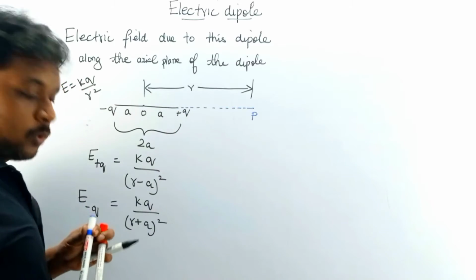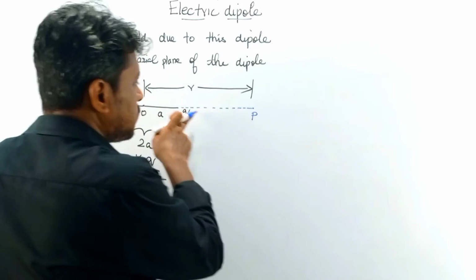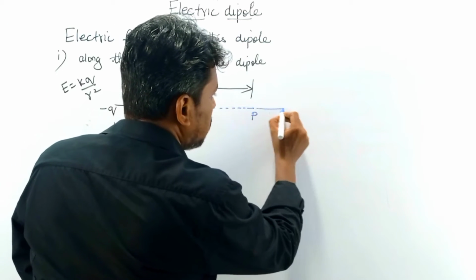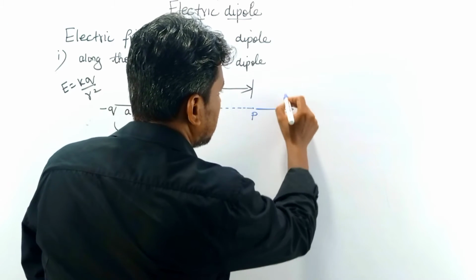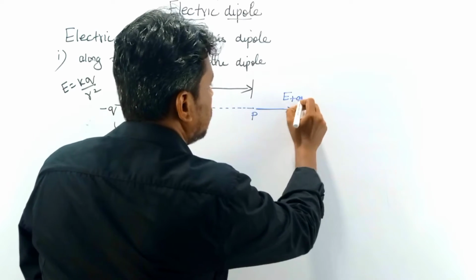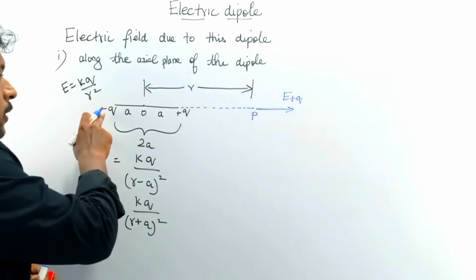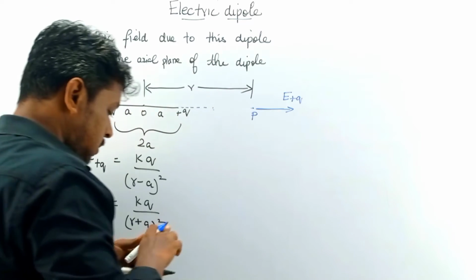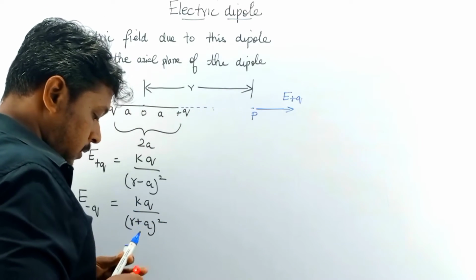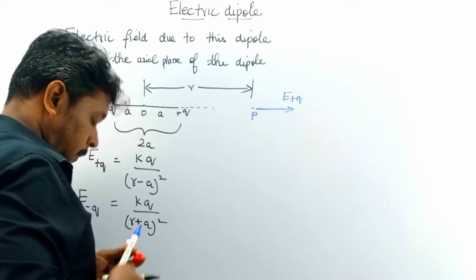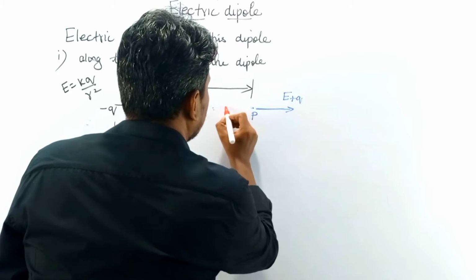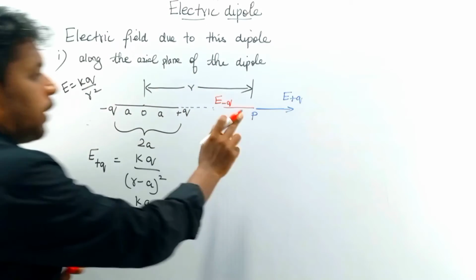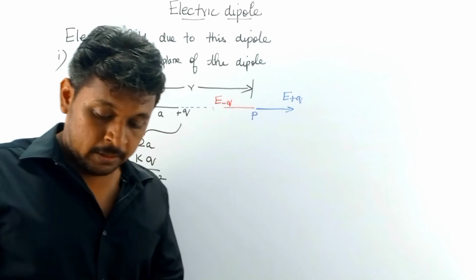Due to this plus Q, as it is a positive charge, the electric field will be in the outward direction, so towards this point P the direction of the electric field will be here, E plus Q. The electric field due to this minus Q, as it is a negative charge, will be in the inverse direction. This is E minus Q.